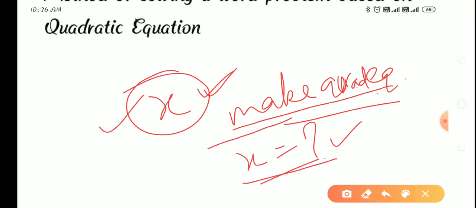If according to the given question both values are possible, you take both values of x. Otherwise, if only one value is possible, reject the other value, take the proper value of x and write the answer. Now to clear this concept, I am going to take some questions of exercise 6a.